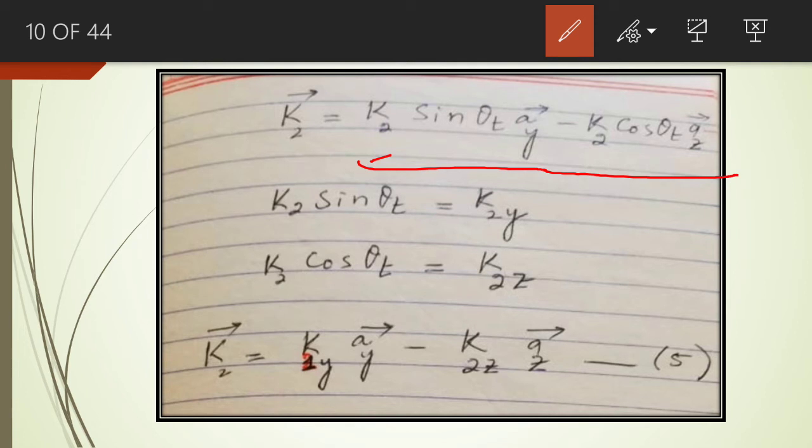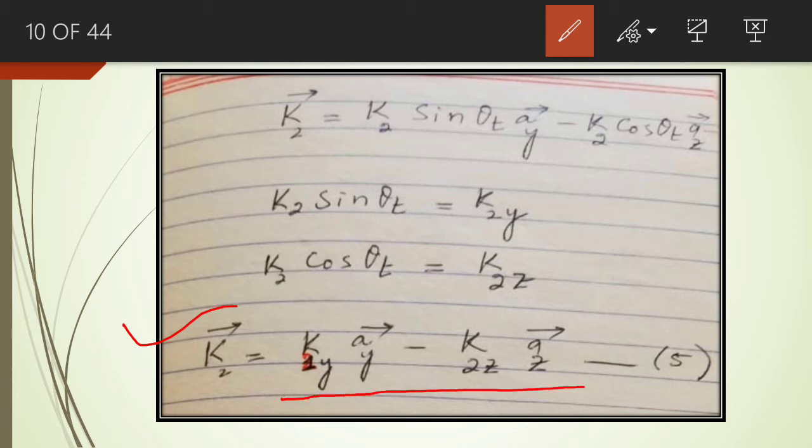And we replace k2 sin theta t by k2y and k2 cos theta t by k2z. So k2 will be equal to k2y ay minus k2z az. So this vector k2 has been resolved into two components.